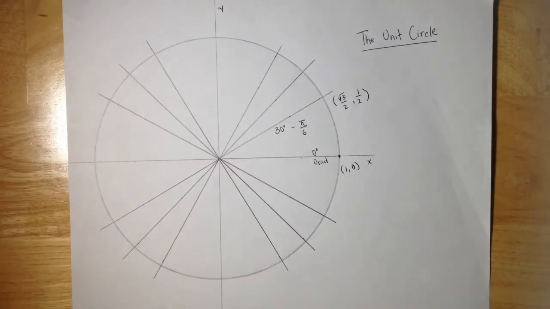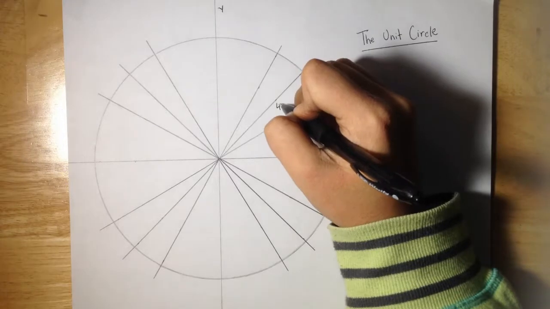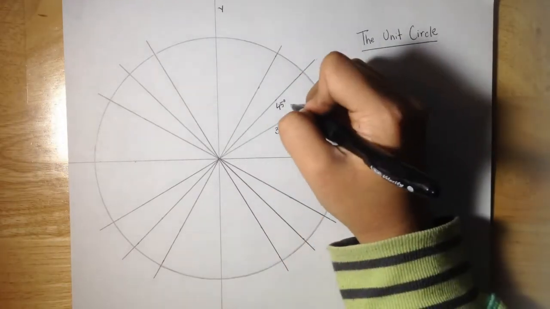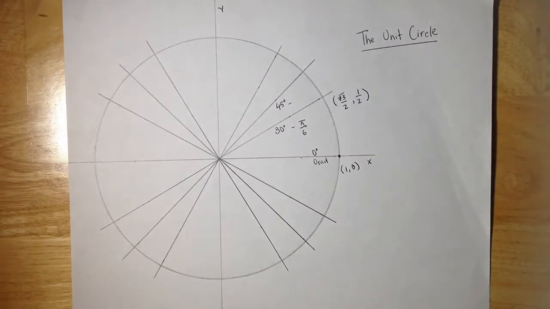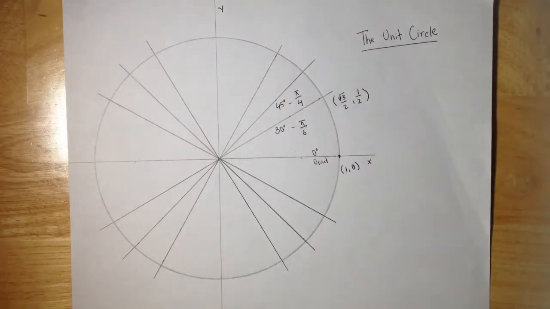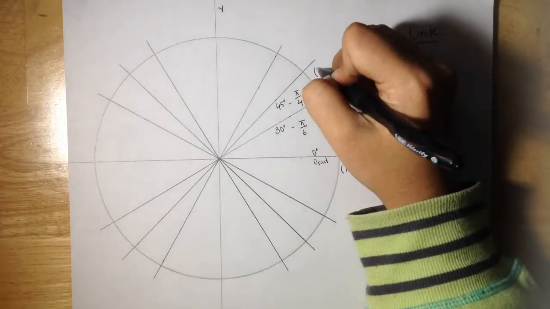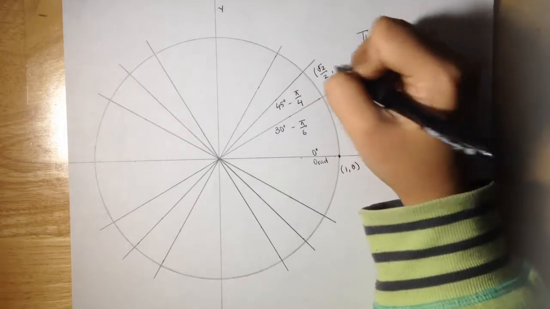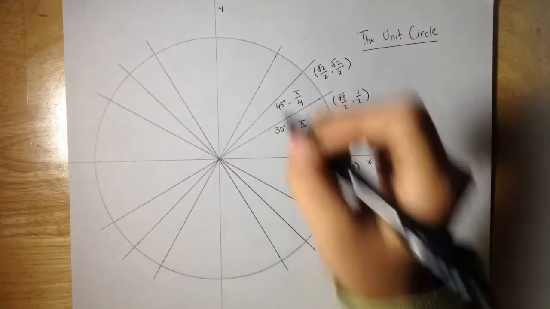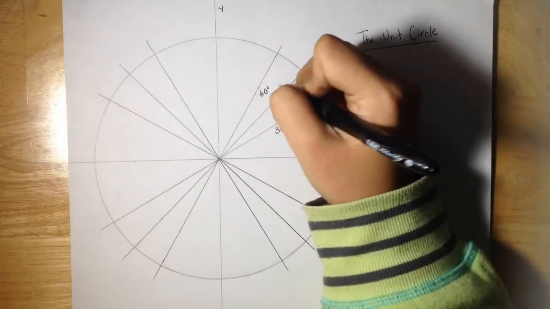The next angle is 45 degrees, from here to here. 45 degrees, which is pi over 4 radians. The coordinates for this are radical 2 over 2, radical 2 over 2. Then it's 60 degrees.